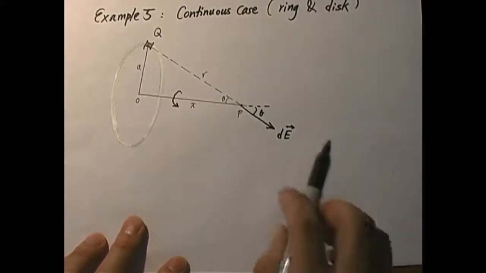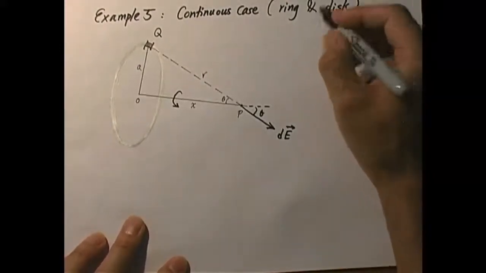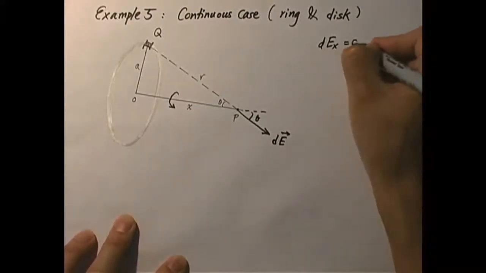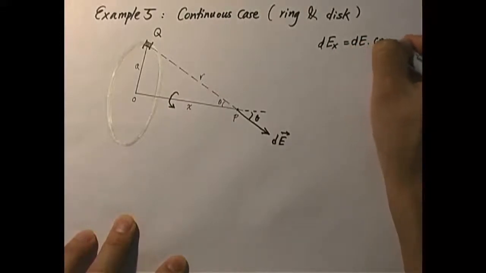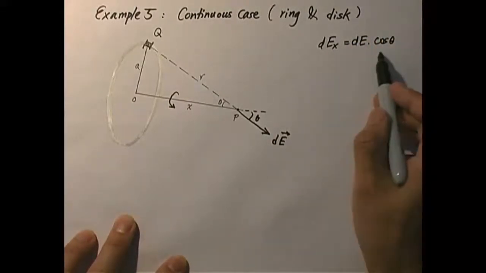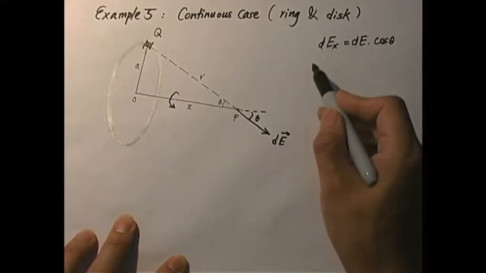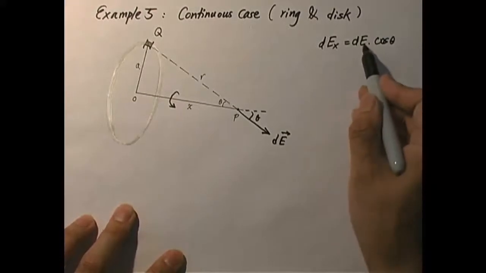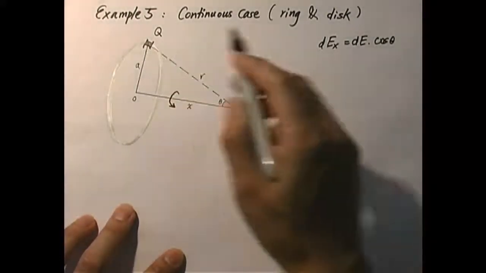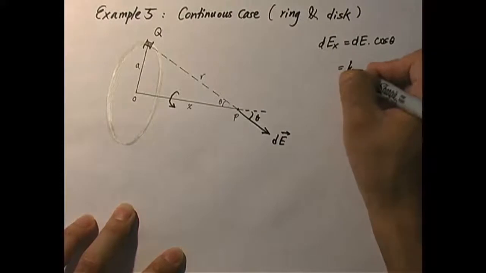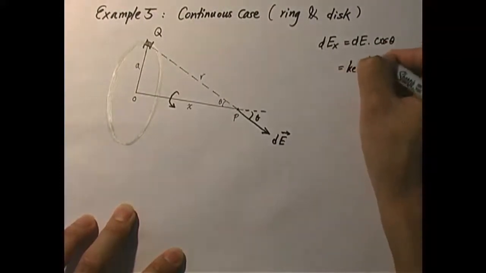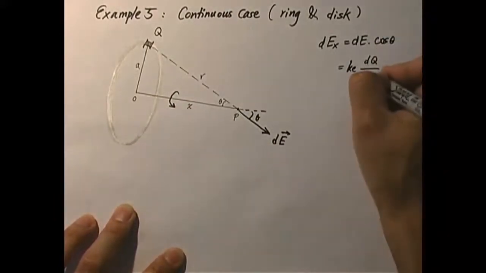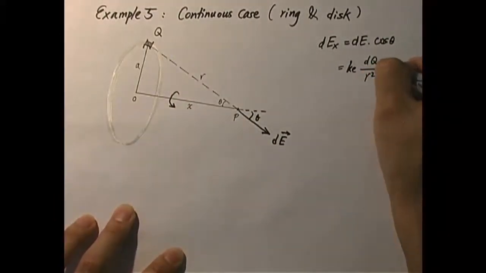So what is dEx then? dEx is dE times cosine theta. You have to integrate over dEx. You don't have to worry about dEy, dEz because they will add up to 0. So what is the magnitude of dE then? Well, it's just from a single point charge, so we know what the answer is. It's k dq over this distance squared, which is r squared, and then cosine theta.